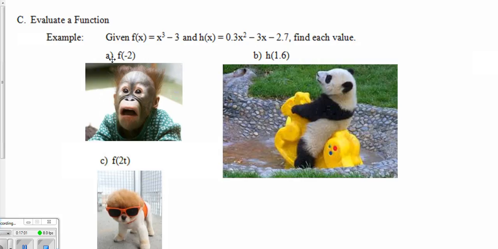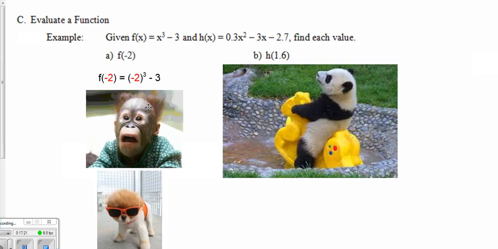For our first example, we have f of negative 2. Notice that negative 2 takes the place of x in this function f. So f of negative 2 means that we look at f of x, and everywhere that was an x, we now just replace with negative 2. So put negative 2 right here.